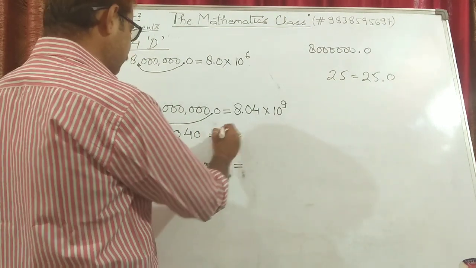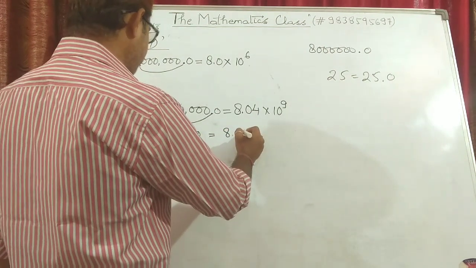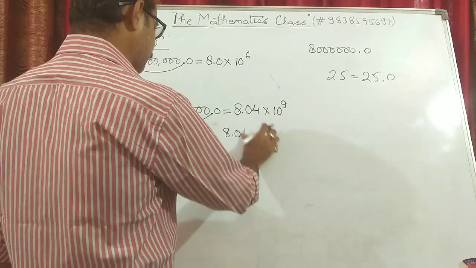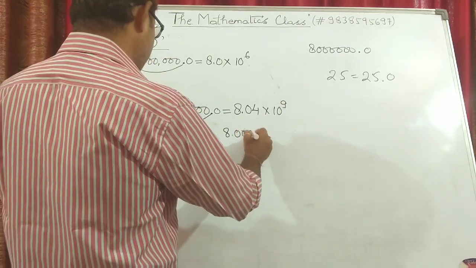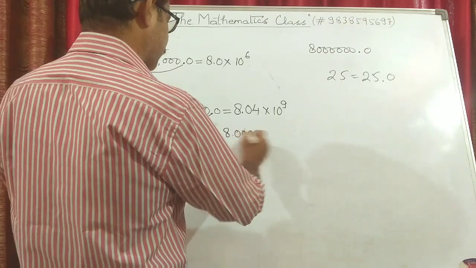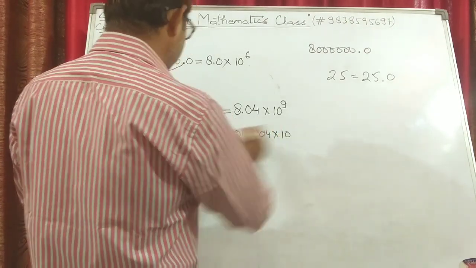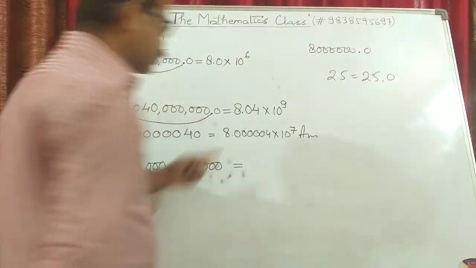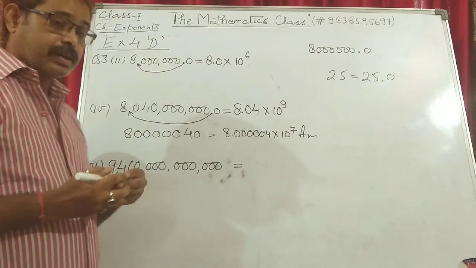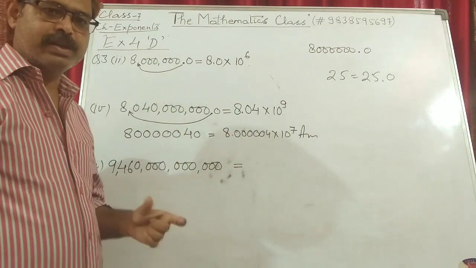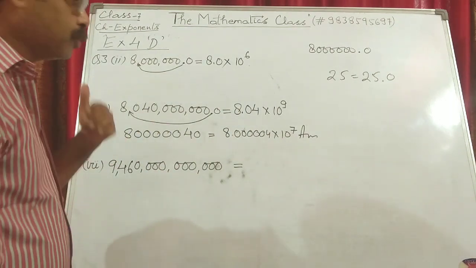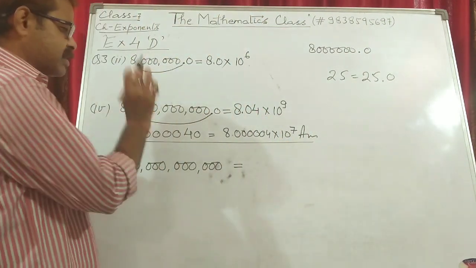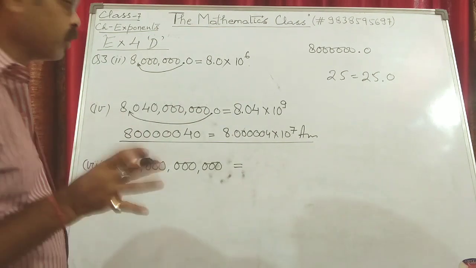Otherwise it could be written as 8.000012345 into 10 to the power 7. This is also one way to write, but most of the time when writing decimals, we write up to 2 decimal places. This was only to make you understand. That is why such type of questions are not there in your textbook.